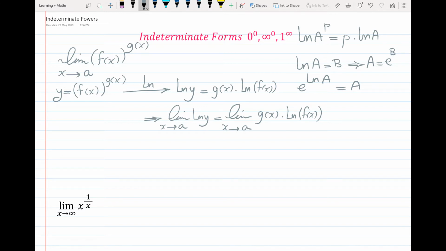To find this right limit, the limit of g of x times ln of f of x when x approaches a, we use L'Hopital's rule and we can find this limit.